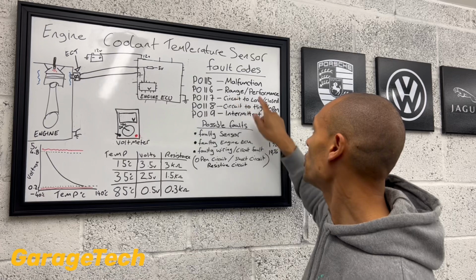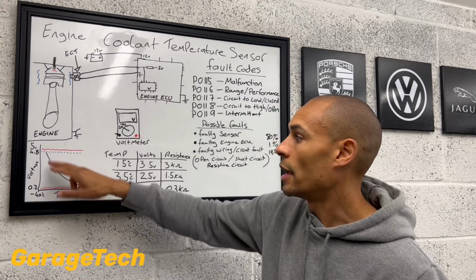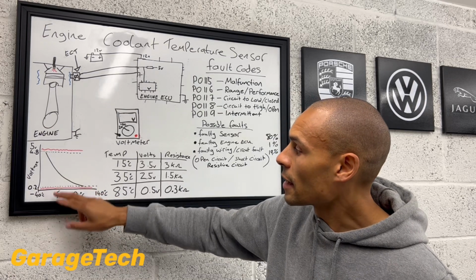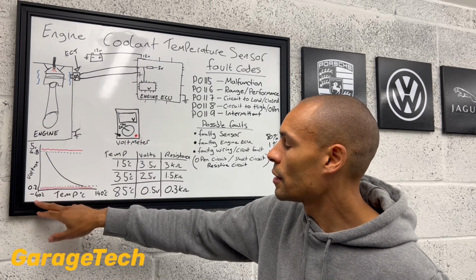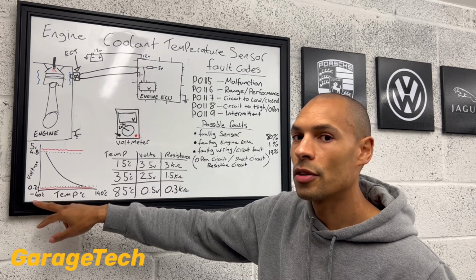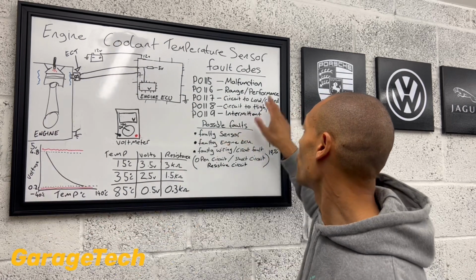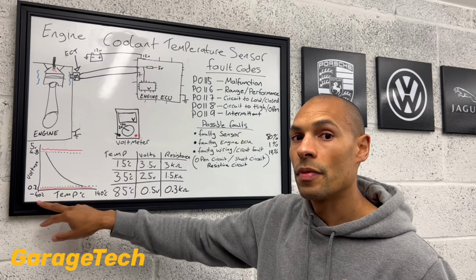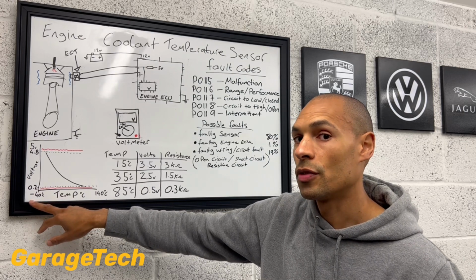So you may get this range performance too high. As well, you may get a fault where it comes up that the temperature has gone below minus 40 degrees. It might just have picked up that actually the outside temperature has gone below minus 40 degrees C.